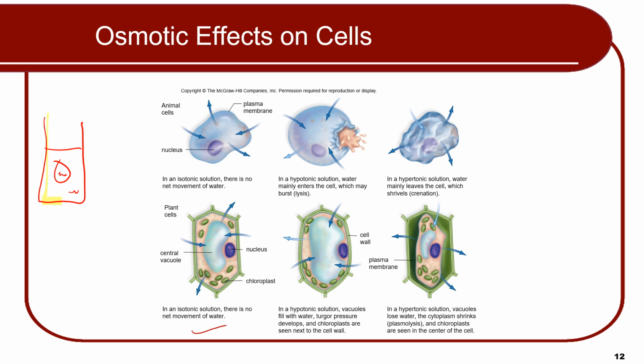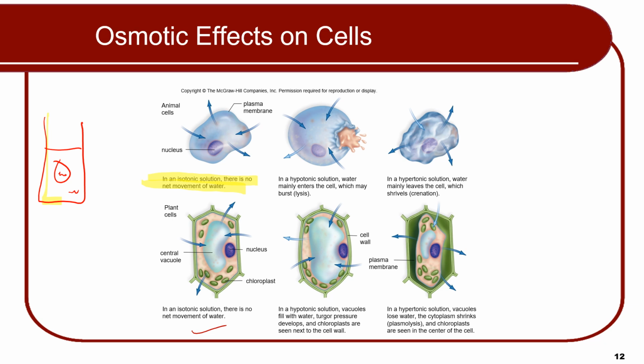So isotonic is equal inside and outside. So if it's already an equal amount of water inside and outside, there's not going to be any net movement of the water. So in an isotonic solution, there is no movement of water. It moves equally in and out of the cell.